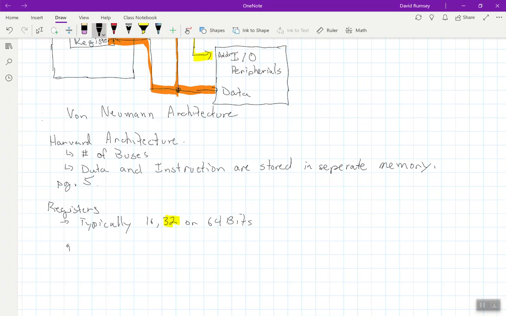Basically, the easiest way to think of it is registers are designed so that computations can be done fast. Now, there are two types of registers.